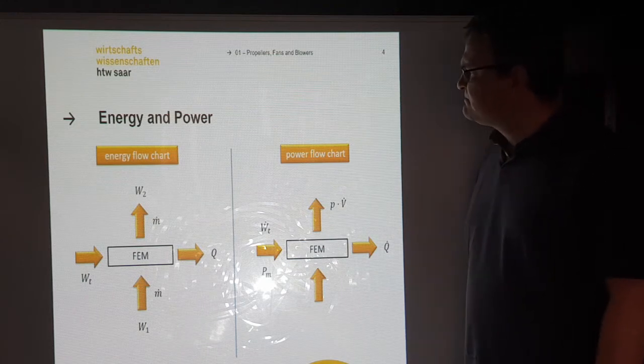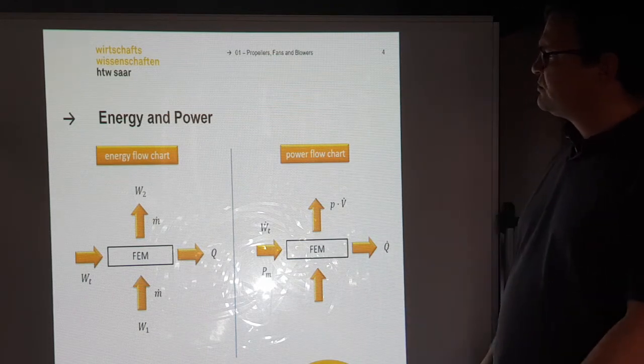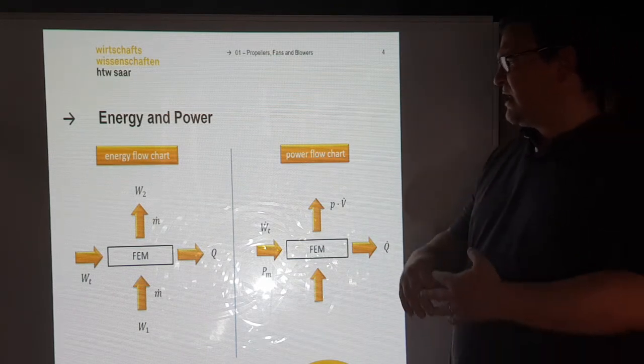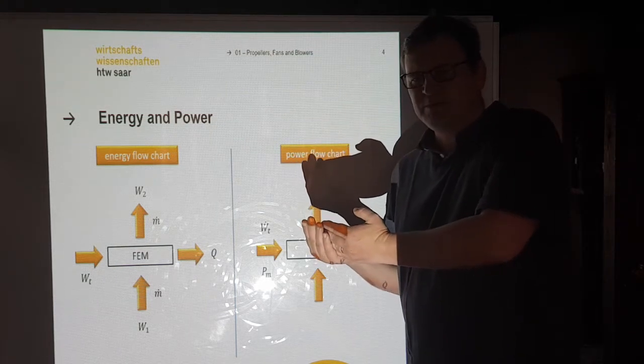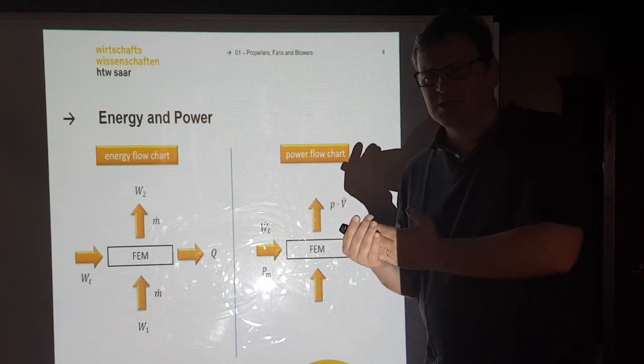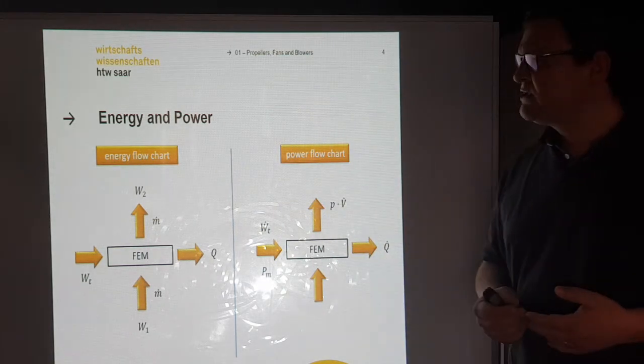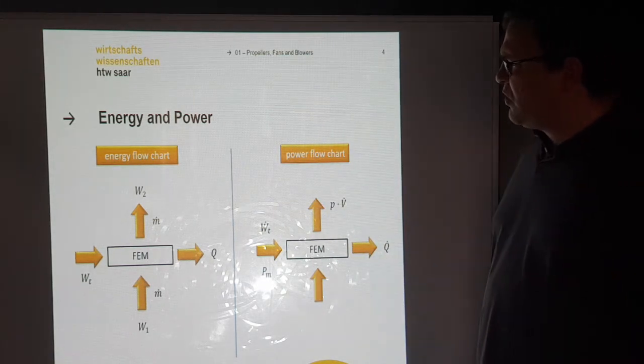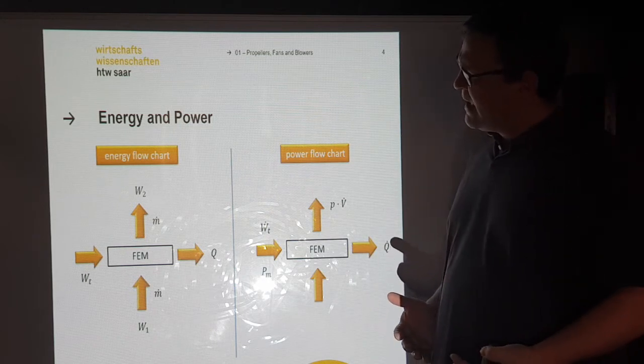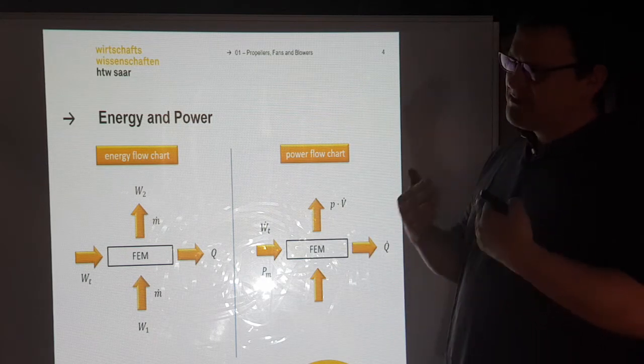Another point is we want to look at the system. On one point, we look at the component, the pump, the propeller, but on the other side, we look at the system and we must make balances.